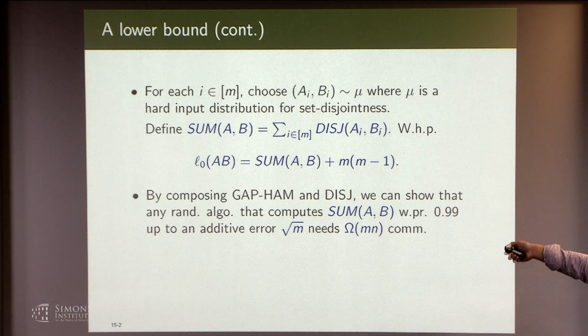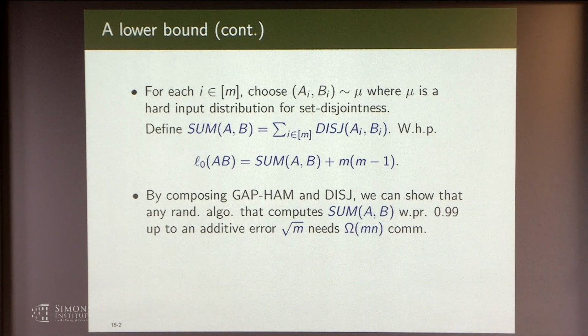This is why we have this term. We have m rows and m columns, so basically every A_i and B_j will intersect under our hard input distribution. Yes, this is where you add this term. Sorry, I should have mentioned this.